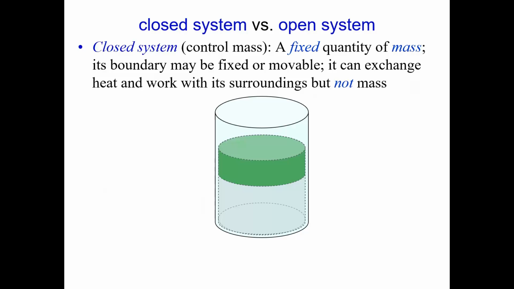So if you find yourself studying some fixed quantity of material, then you are studying a closed system or a control mass. For a closed system, its boundary may be fixed or movable. For example, here we have some air enclosed in a perfect piston cylinder.